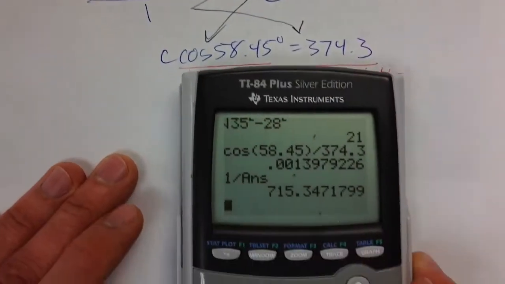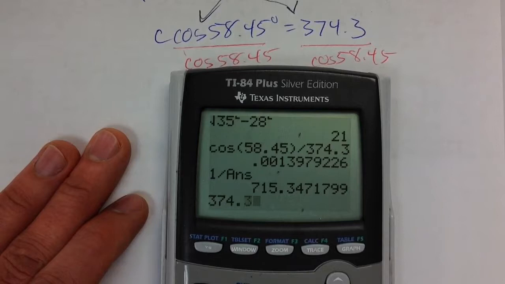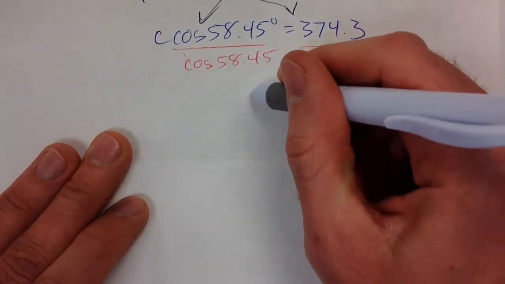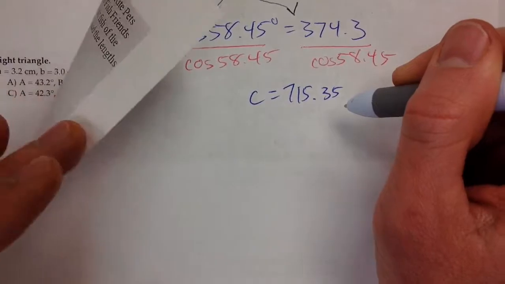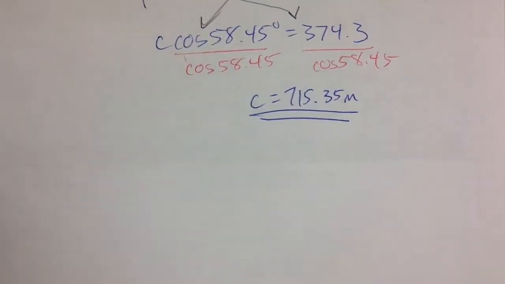And you'll get the same answer. 374.3 divided by cosine 58.45, 715.35. Good.